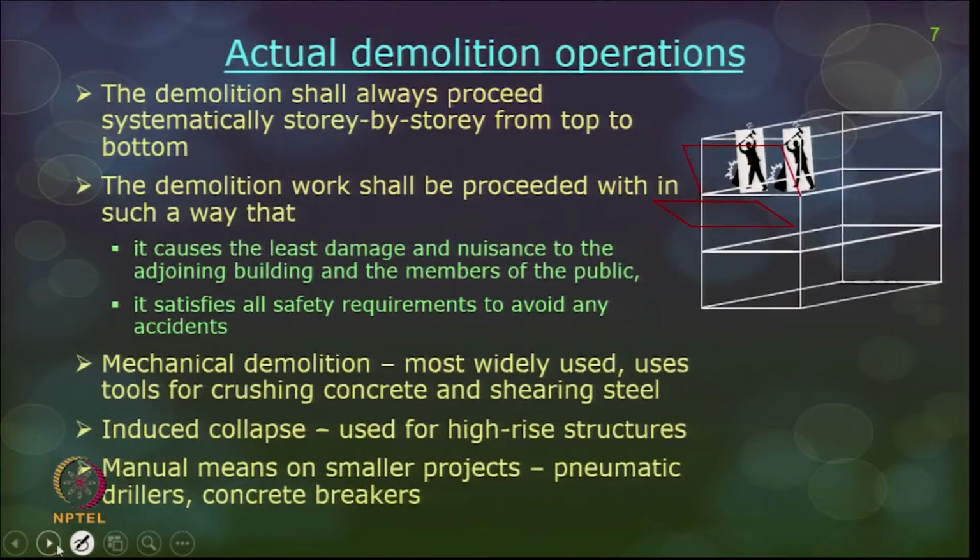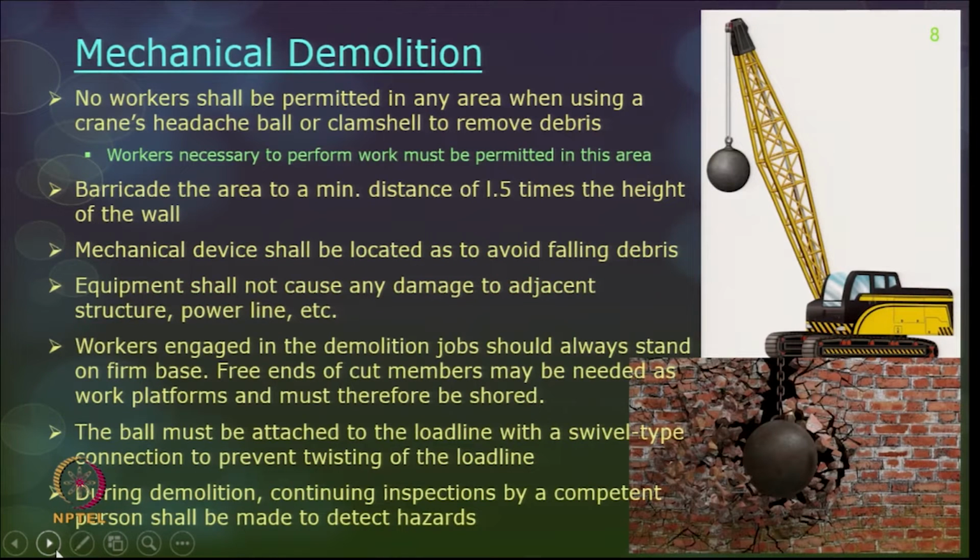It is most widely used, and it uses tools for crushing concrete and also for shearing steel if you have an RCC structure. So, mechanical demolition is the most commonly used, and we will discuss safety precautions in mechanical demolition. As shown in the picture, there is a crane with a swivel swing motion with a steel ball, and with that it acts onto the building and the building starts to collapse.